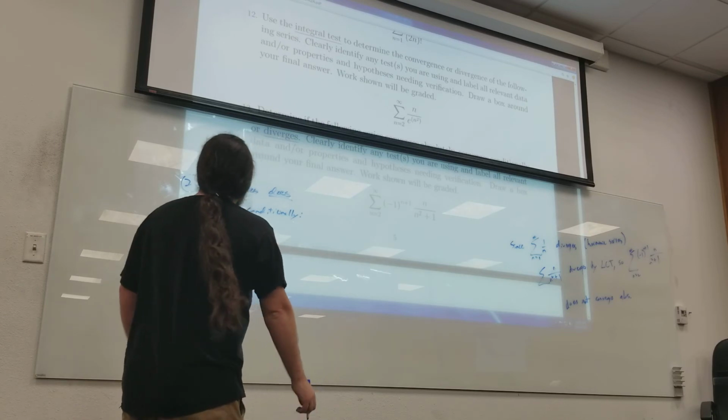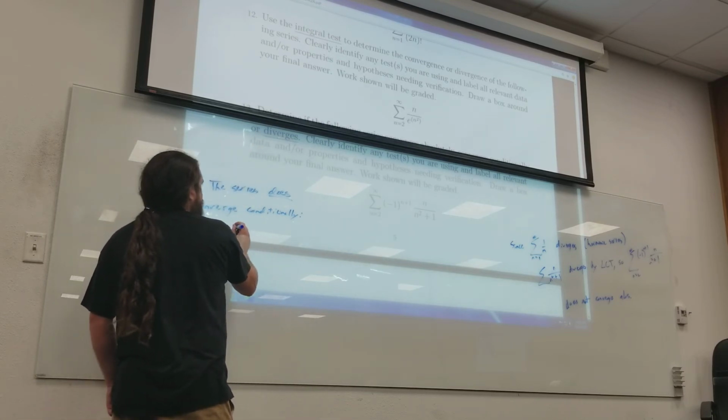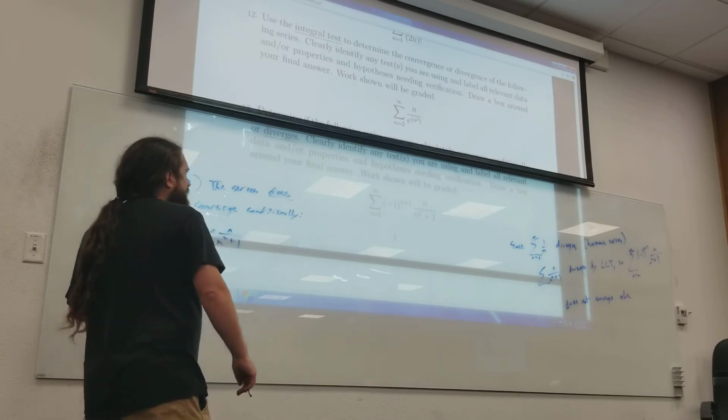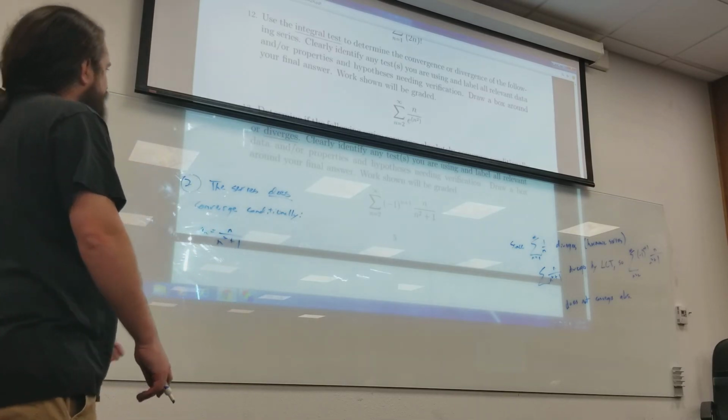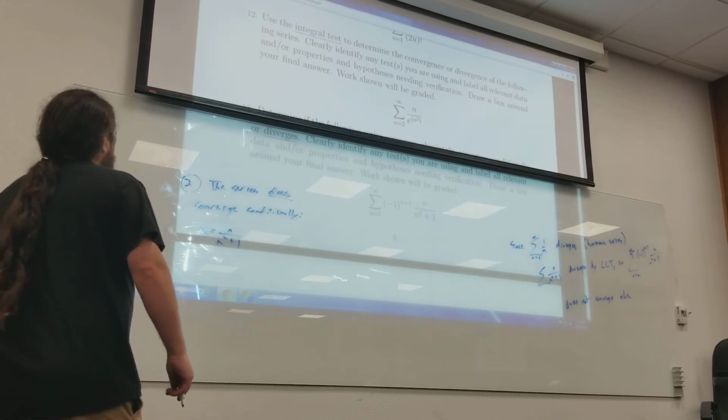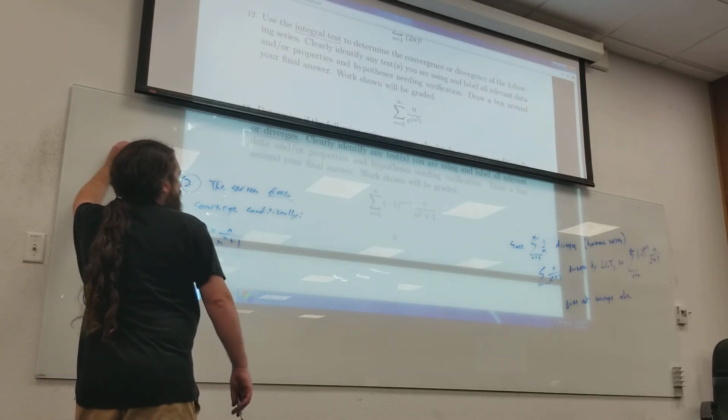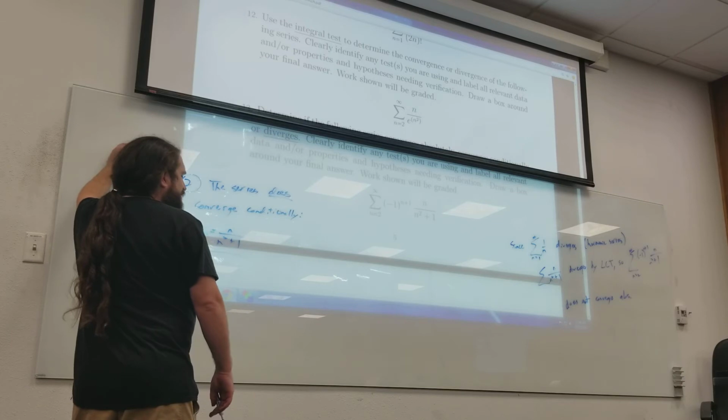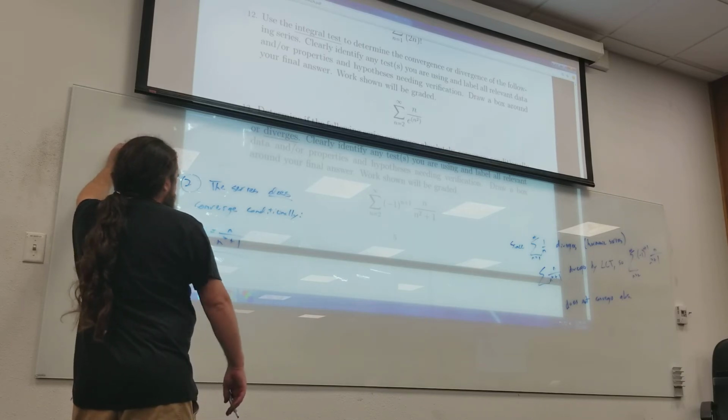All right, so a_n is n over n squared plus 1. And so I've got a power of negative 1 times this guy. What do I need to know about this? I need to know that these terms are decreasing to 0, right?